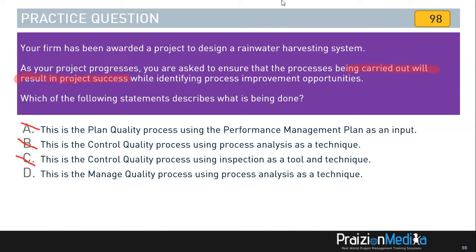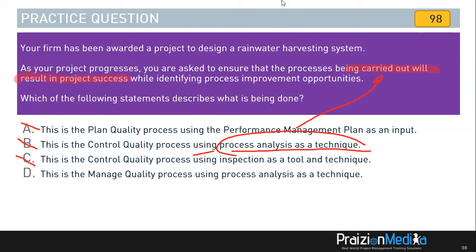Now, it says using process analysis as a technique. Process analysis is the technique being referred to here, to some degree. And the reason why you know this is your process analysis ensures that the processes are of value, and you look to optimize your processes, but it's not done in control quality.